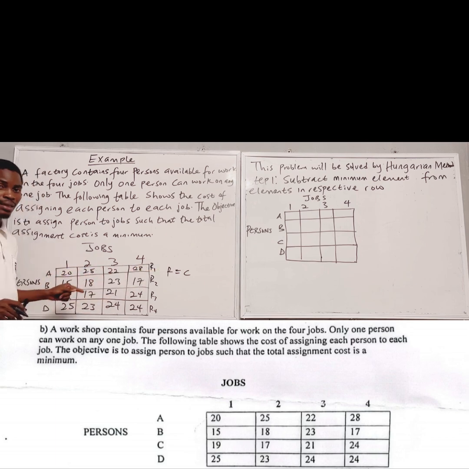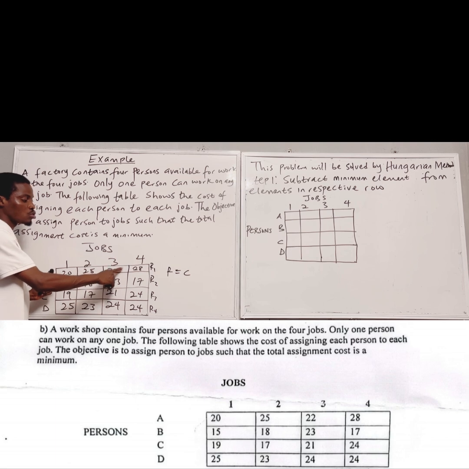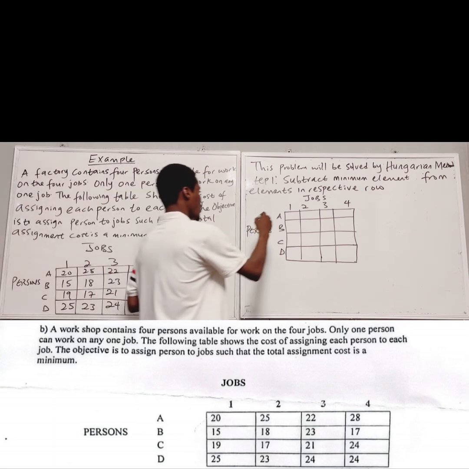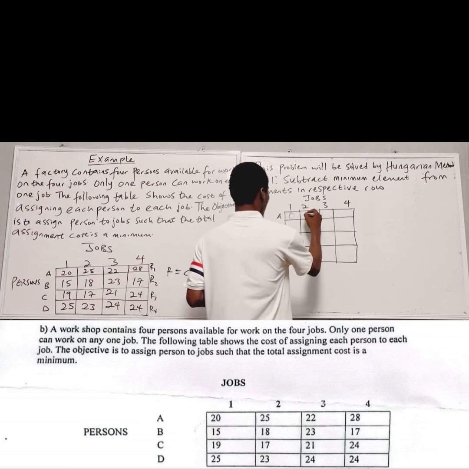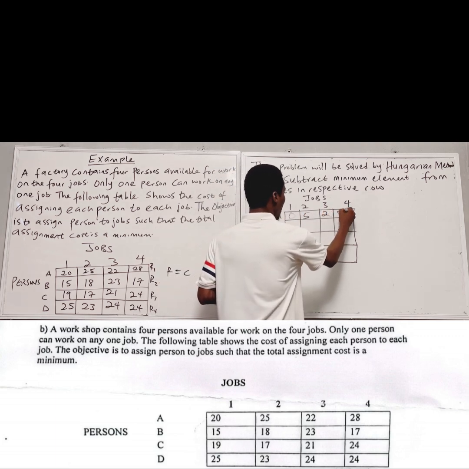The least element, the smallest element here in the first row is 20. So I have to subtract 20 from all these elements. 20 minus 20 is 0. 25 minus 20 is 5. 22 minus 20 is 2. Then 28 minus 20 is 8. So I am going to have 0, 5, 2, and 8.